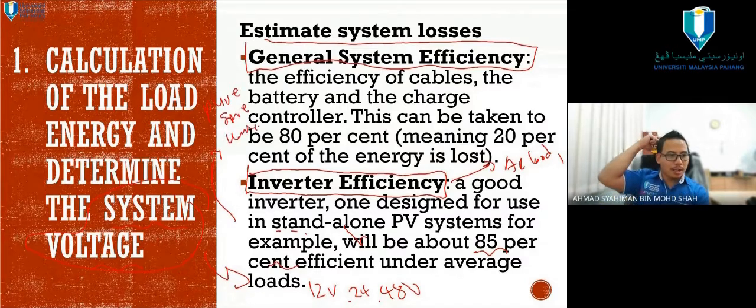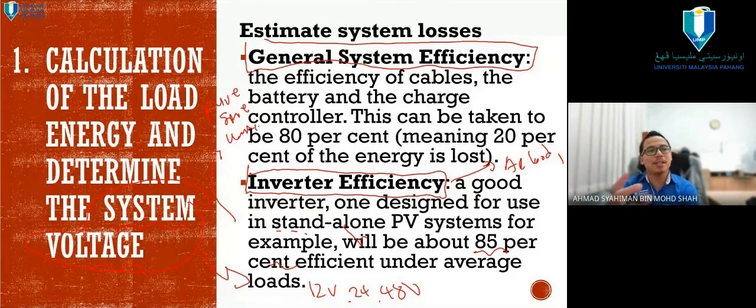Remember the wording of pure sine wave for the inverter, if you search online on Shopee, Lazada, AliExpress, Alibaba, make sure the words pure sine wave are there. If they don't write anything, trust me, the efficiency is extremely bad. But at least if we have pure sine wave, then maybe it is better.